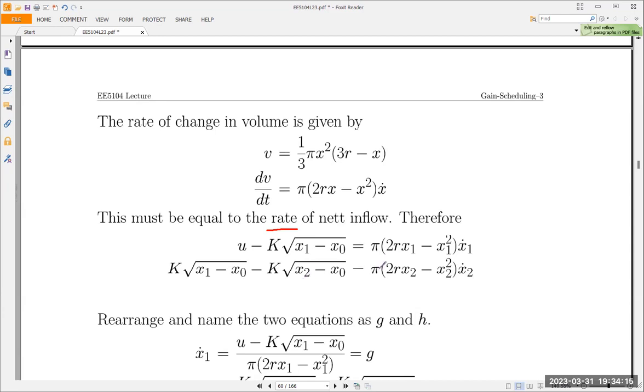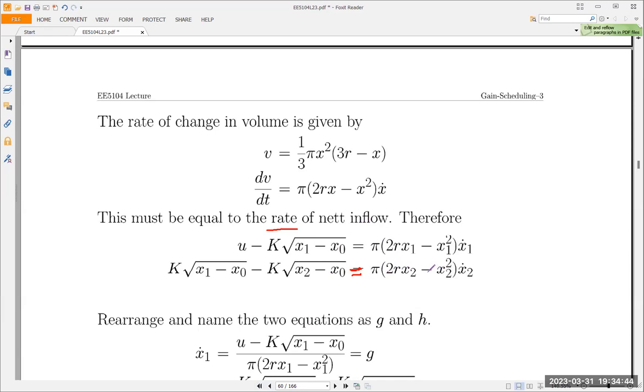Must be equal to, this is an equal sign, the change, the speed, the change in the volume in 1 second. So it is fixed from this one. So x becomes x2.